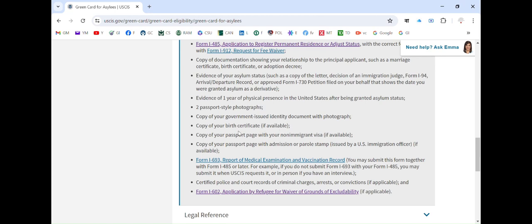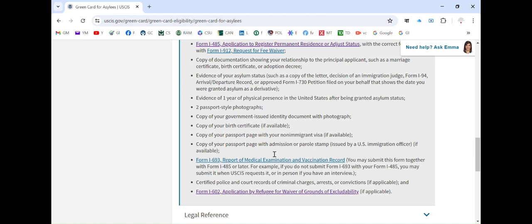Copy of passport page with non-immigrant visa, if you have any non-immigrant visa in your passport, like F1 visa or tourist visa like B1, B2. Copy of your passport page with admission or parole stamp if available, issued by a US immigration officer.